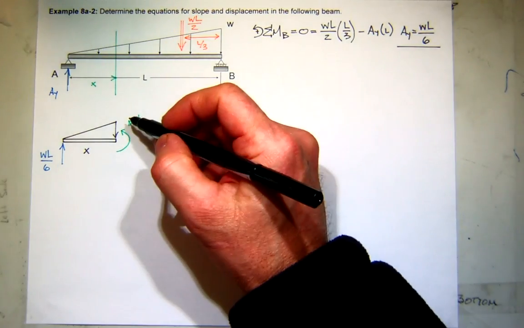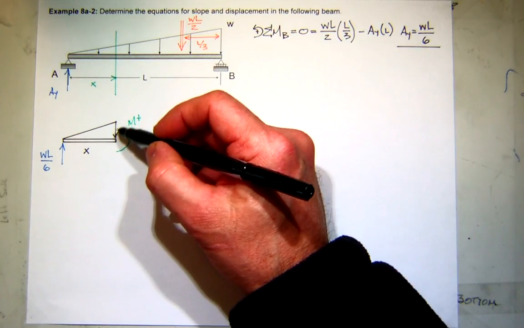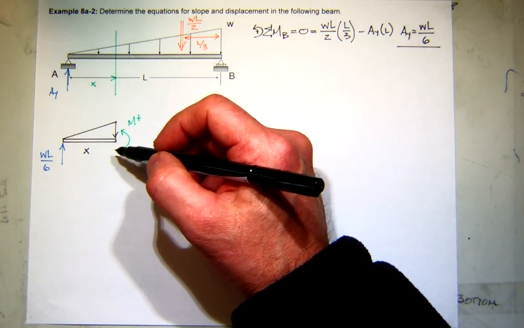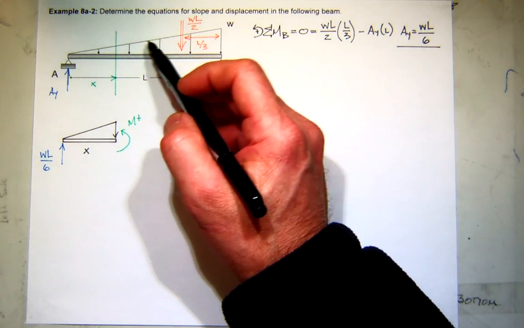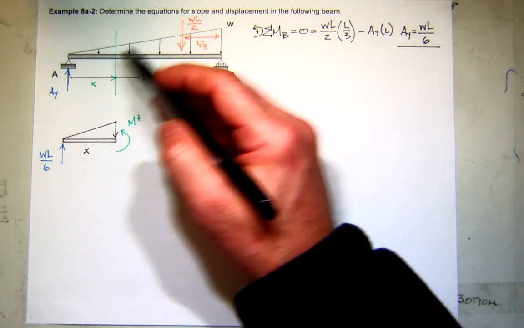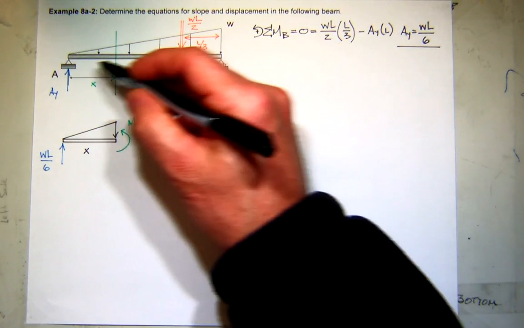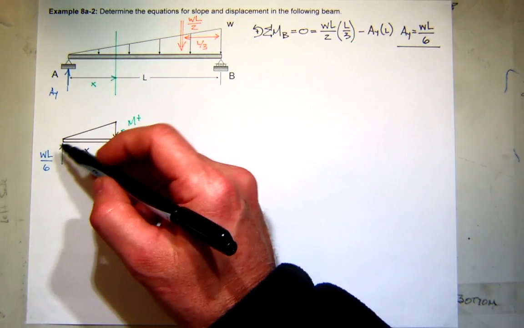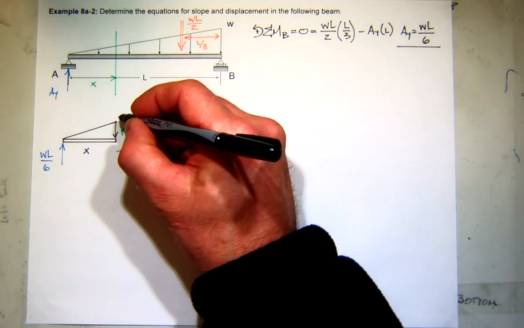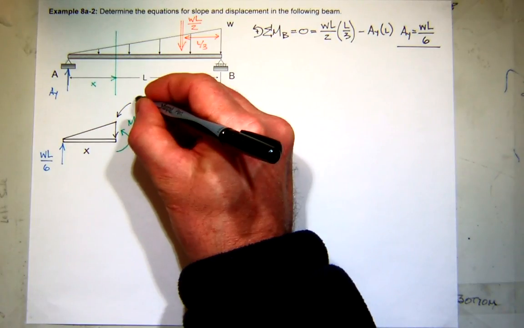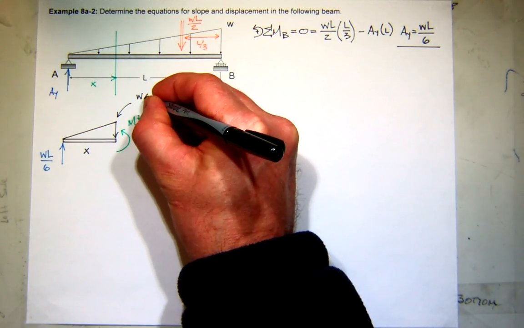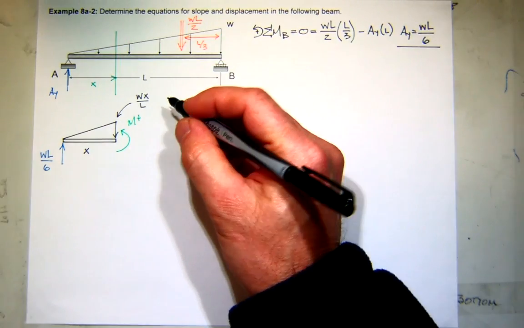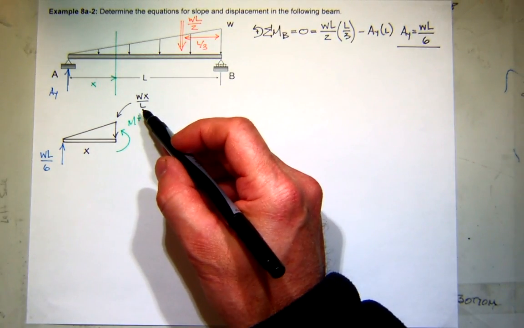Now what is the intensity of the load right here at this high side? Well, first let's go back and ask what's the slope of this line? Slope is rise over run, right? So that's W over L. The intercept is 0, so that value right there is going to be Wx over L. Does that work?